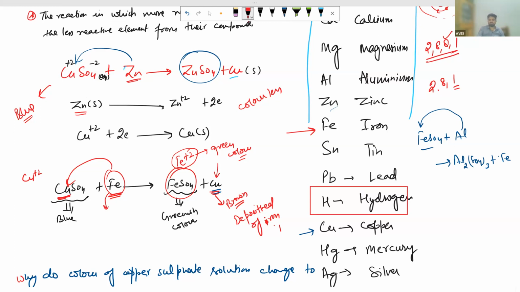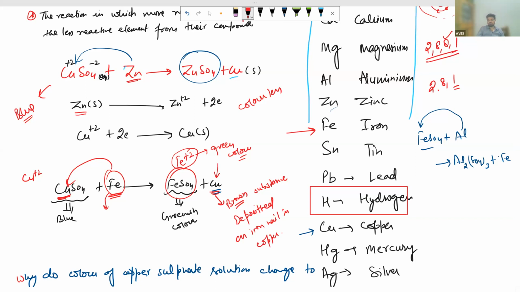Brown color substance deposited on the iron nail is copper. Okay, you understood?